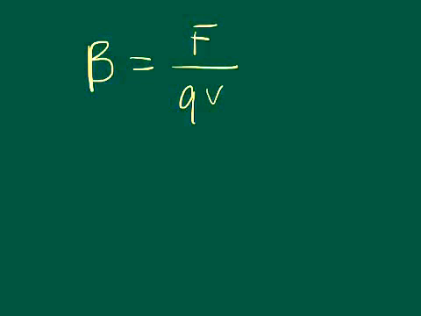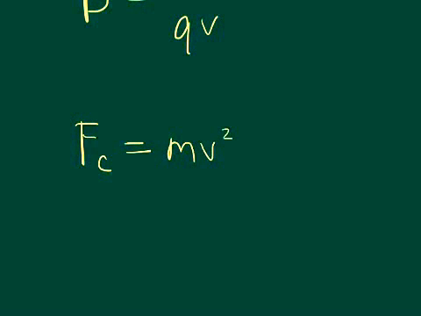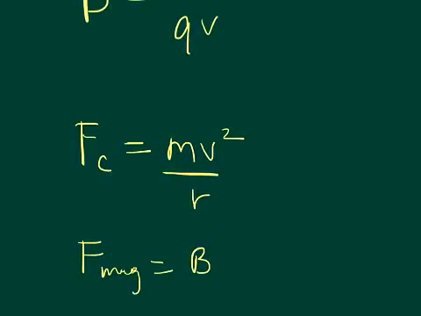Next, we did an example where we talked about the fact that an electron has a tendency to move in circular motion when it's in a magnetic field. Now, if you remember, what we did was we talked about centripetal force like this, and we talked about the magnetic force like this.